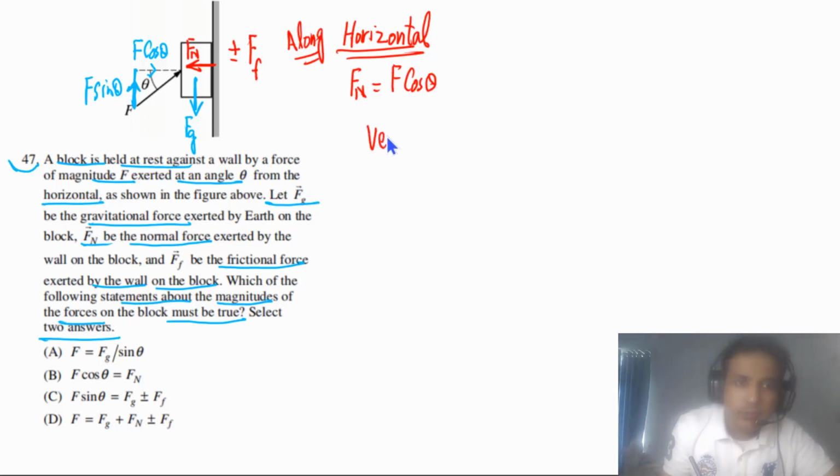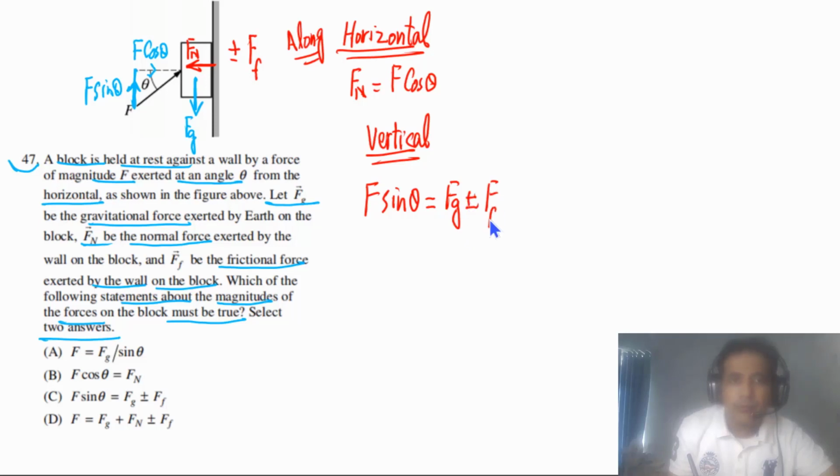And we can also resolve forces along vertical. Along vertical we have Fg acting down, and F sine of theta acting up, and this has to be equal to Fg plus minus the force of friction.